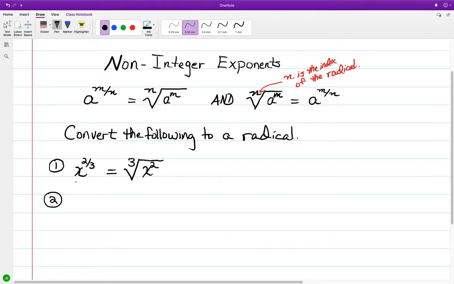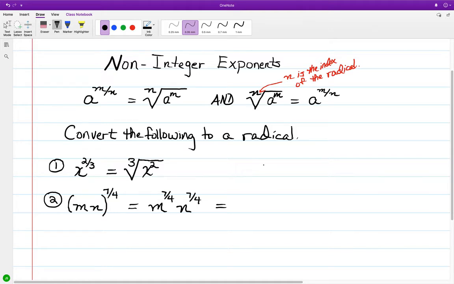And let's say, taking a page out of the product to a power property, we have a couple of variables, m and n. Say we have m times n raised to the 7/4 degree. If we remove the parentheses, m is raised to the 7/4 degree, likewise n is raised to the 7/4, and we convert this product into a radical.